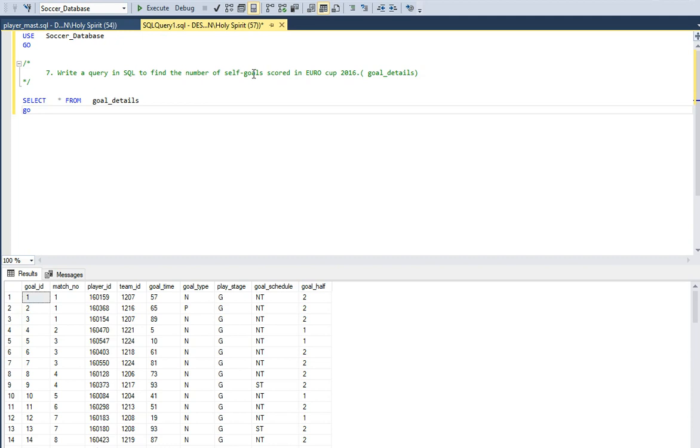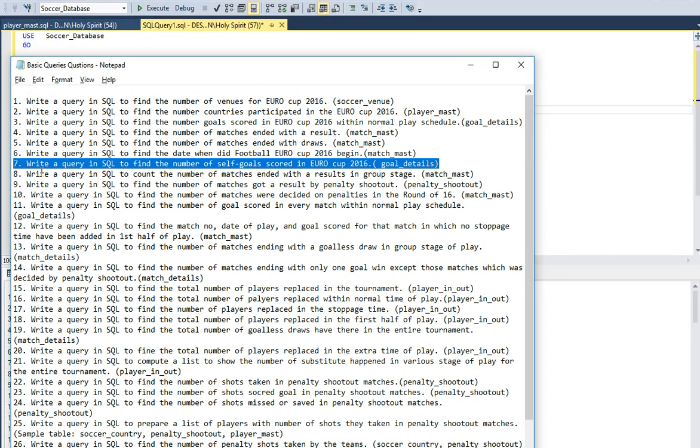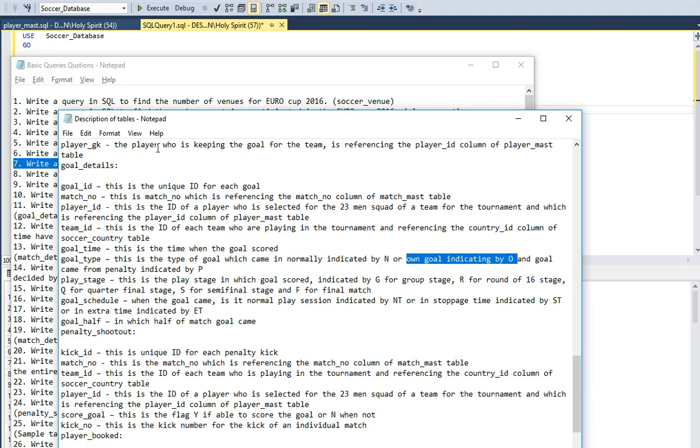Okay, here, so goal types, we have different types of goal types here. N, P, O. Description of tables. So we need this one. Without it, it will be difficult for you to know which one is which. So here, goal type. Okay, N means normal goals.